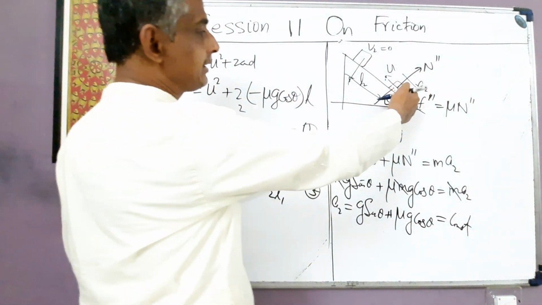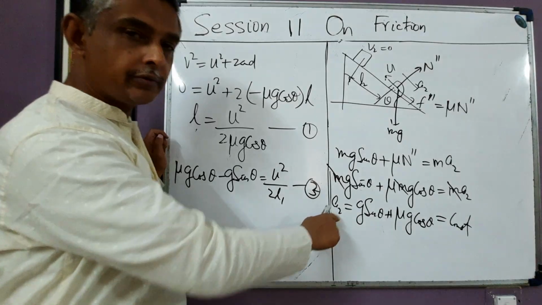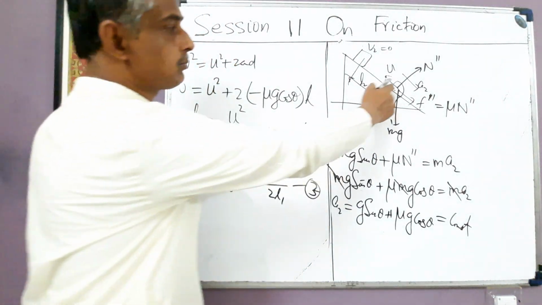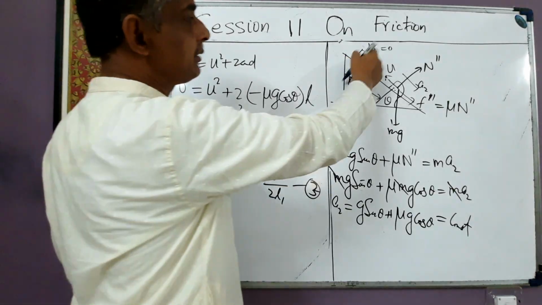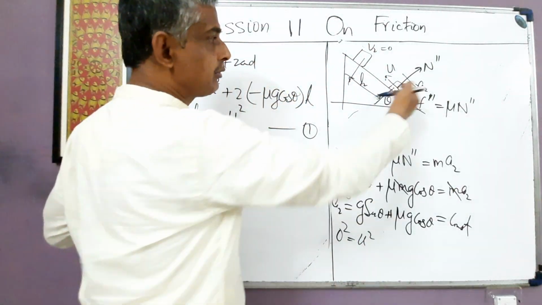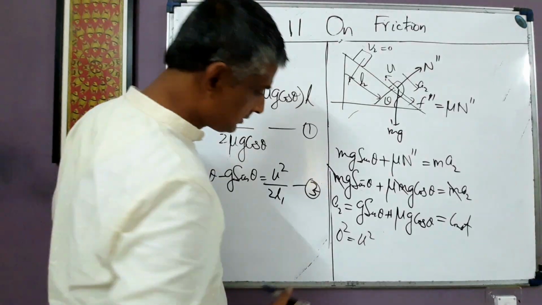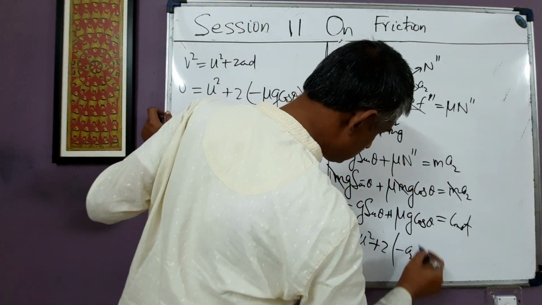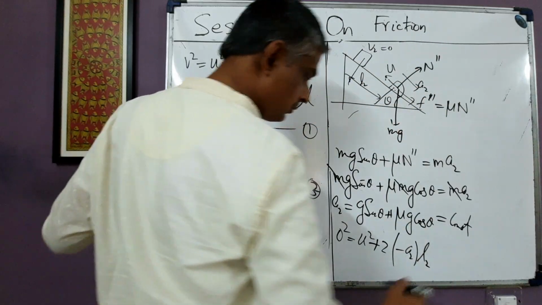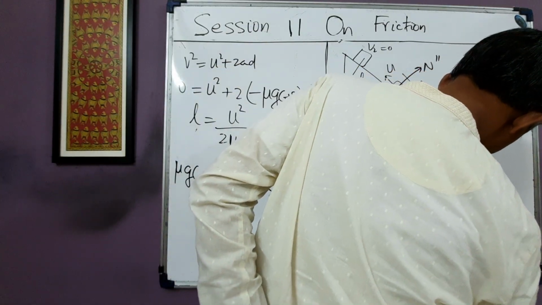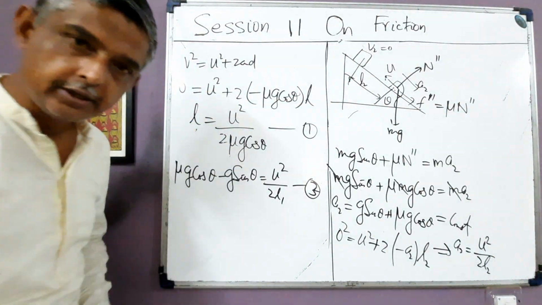So it is moving up the incline in a straight line with a constant downward acceleration of A2. So apply the formula v squared equals u squared plus 2as to this block during its upward journey. Final speed V2 becomes 0. We have to take proper signs: up the incline is plus, down the incline is minus. A2 is down the incline, so minus A2 into L2. So this becomes A2 is equal to u square by 2L2. Fine, alright.